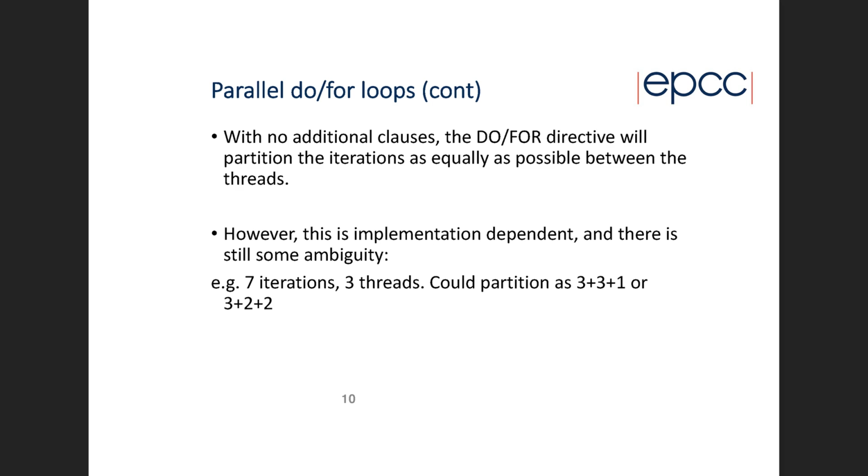It probably requires the same number of memory references. Those memory references may not necessarily all take the same time, but that may be a good approximation. So provided our loop is well load balanced, so every iteration takes more or less the same time to execute, then giving the same number of iterations to every thread will work just fine.